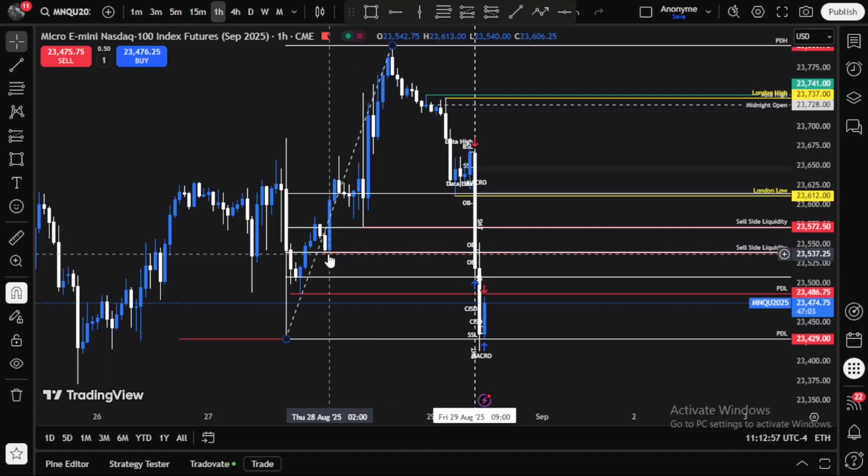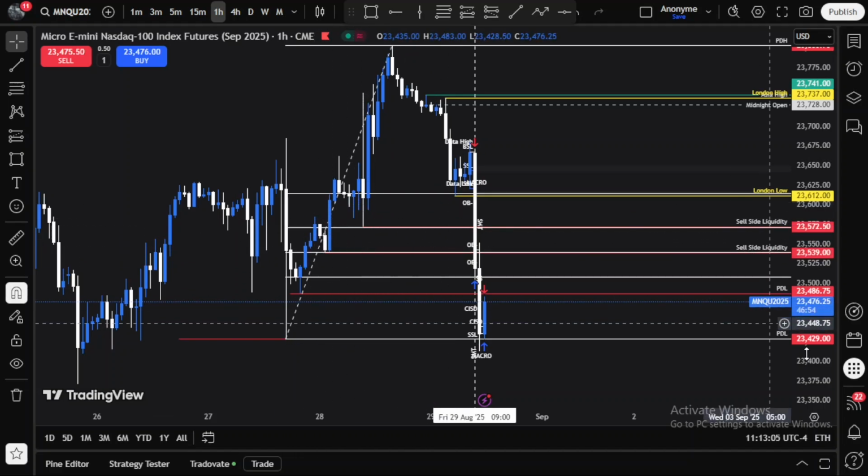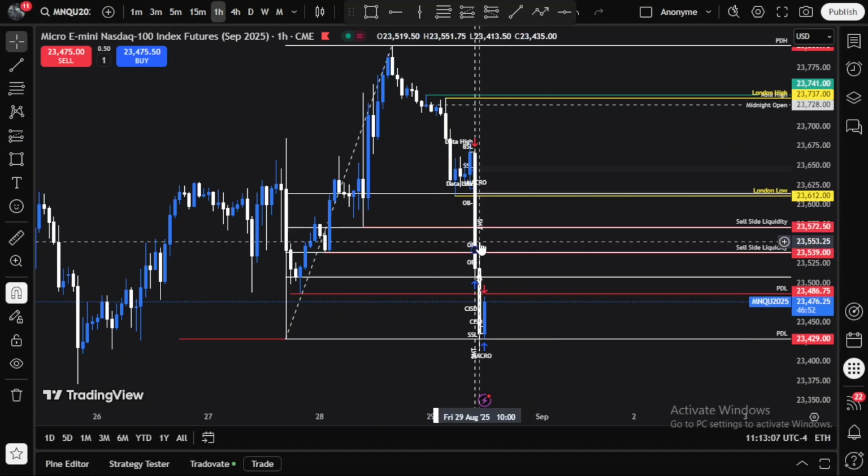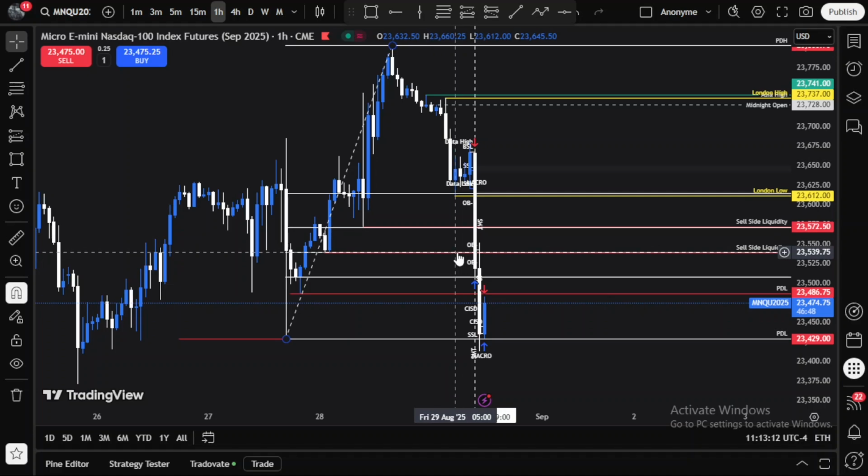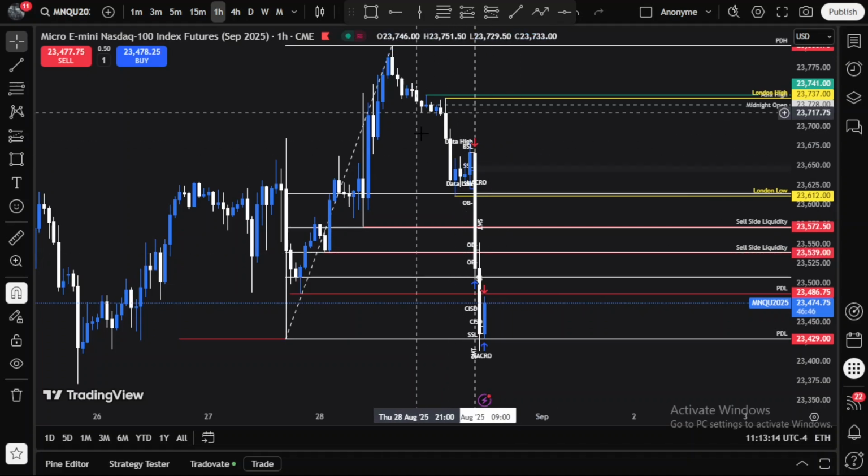This is the previous day London low, exactly perfectly matching with the OTE, as you can see. So I was anticipating maximum to take this liquidity and reverse.